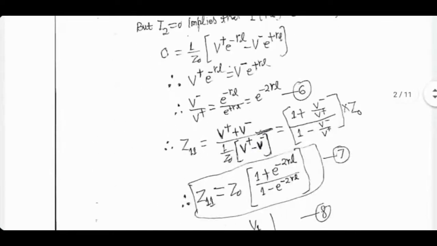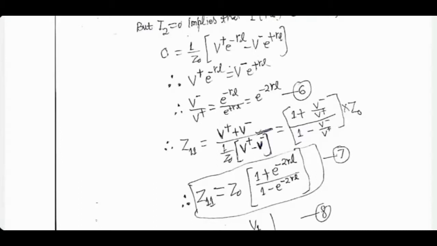So I take that ratio here and write the formula for Z11. V plus plus V minus, the whole thing divided by 1 upon Z naught and within parenthesis V plus minus V minus. Now I divide numerator and denominator of this equation by V plus.